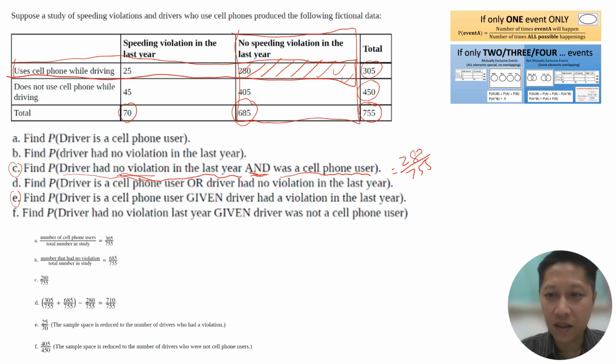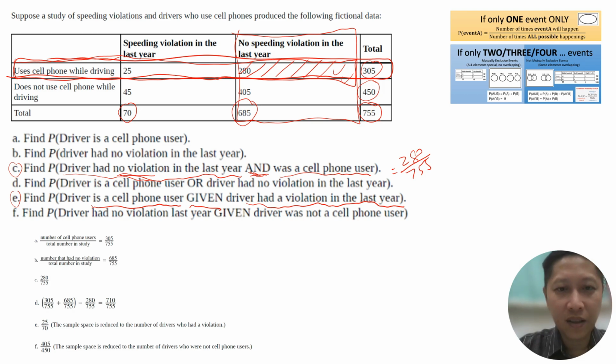Let's look at the probability of finding the driver is a cell phone user, given the driver had a violation in the last year. Okay, driver is a cell phone user here, and given that the driver had a violation last year, it means that we already sorted out the no speeding violation.